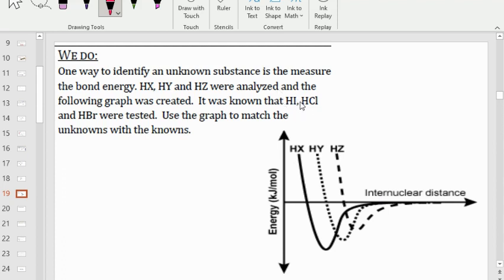So HI is going to be further apart. So which one of these is going to be HI? Z. Okay, so this is going to be HI. What is HY going to be? HBr. Making this HCl. So do you see how I logicked through that?